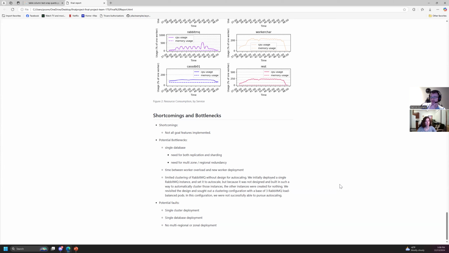Going further into the future, we could distribute this across a multiple region or zonal deployment in the cloud, work on that database architecture, and further refine some of the bugs and performance issues that we saw.